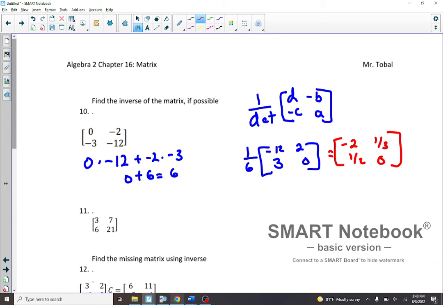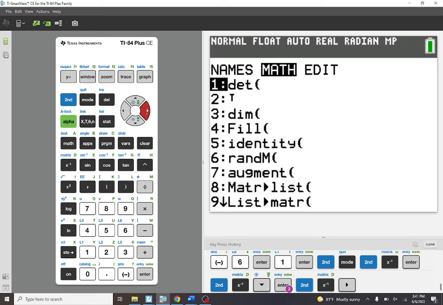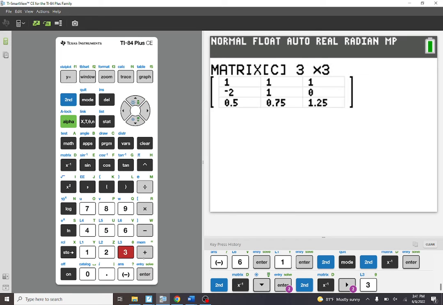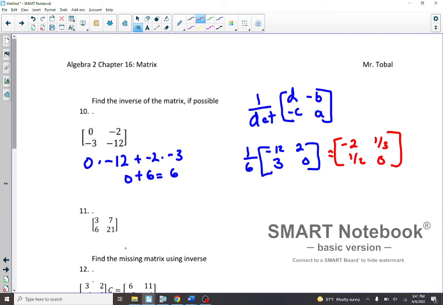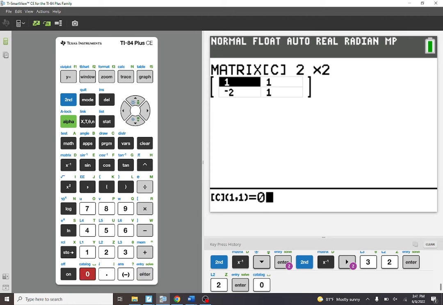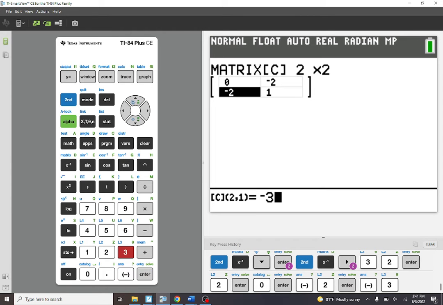But to make your life even easier, you could pull out the calculator. Again, let's take the second matrix. Let's use option 3 here. So this is a 2 by 2 matrix, which is 0, negative 2, negative 3, negative 12.